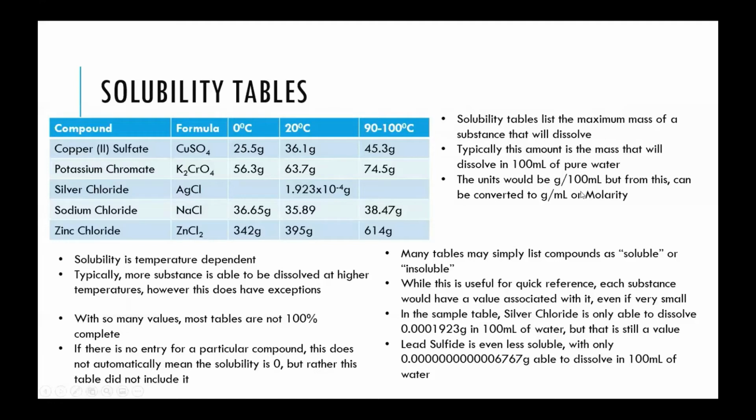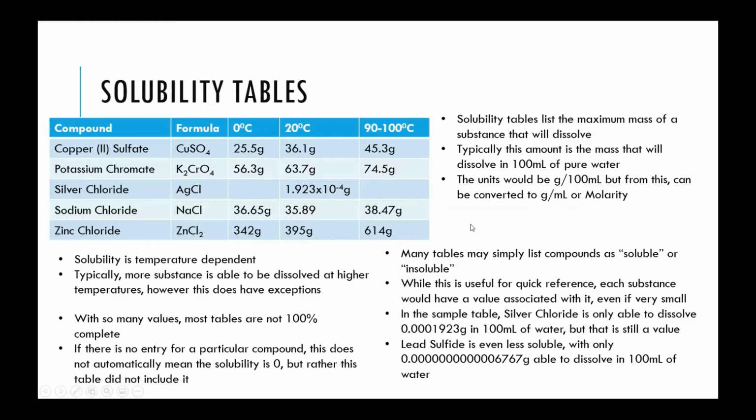So you can convert that from grams per 100 milliliters to grams per milliliter, and in this case, the solubility would be 0.361 grams. It can also be converted to the chemistry concentration unit of molarity, which is discussed a little later on in the semester.